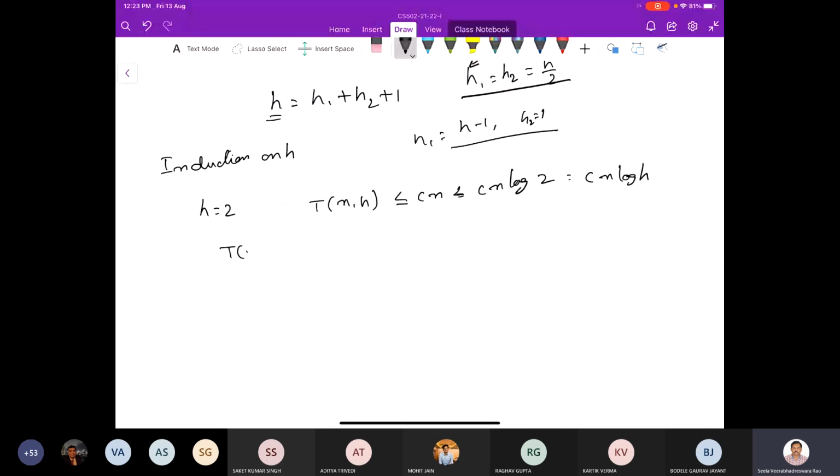Now you take the inductive step. This is equal to some constant times n, the first part of the calculation, plus the maximum of h1. What we have is c times n by 2 log h1 plus c times n by 2 log of h minus 1 minus h1.